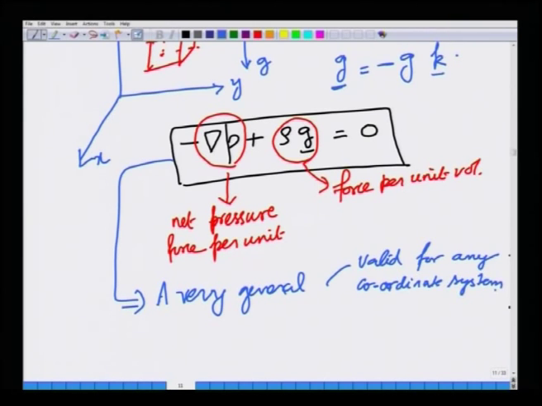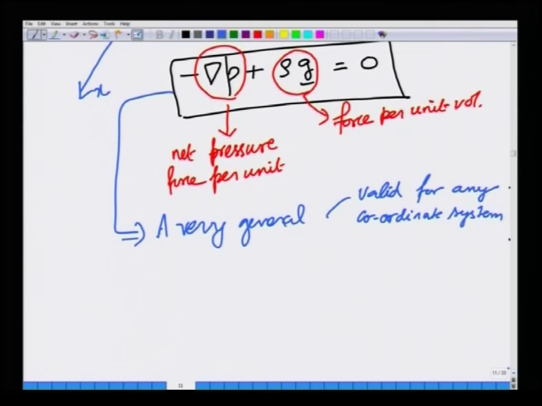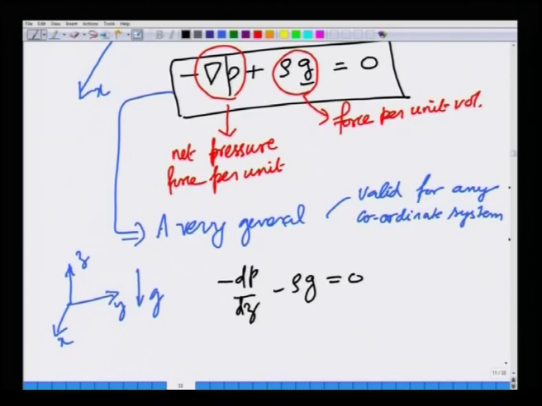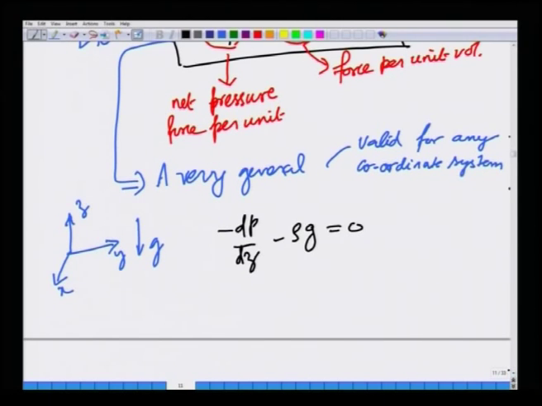But if you want to solve a problem, you would refer this equation to these Cartesian or rectangular coordinates x, y, z and g pointing like this. So, we found that minus dP dz minus rho g is 0, or dP dz is minus rho g.